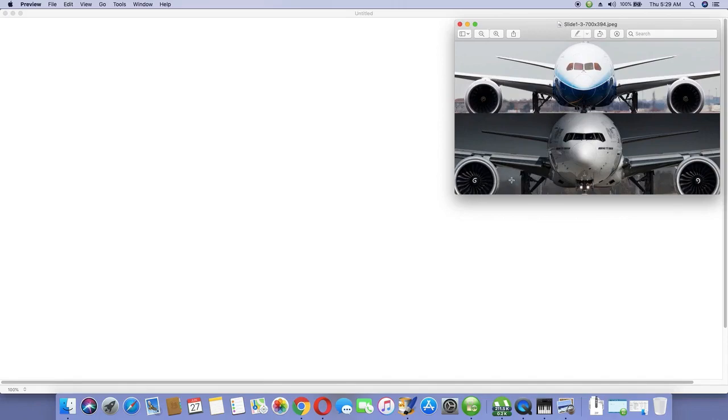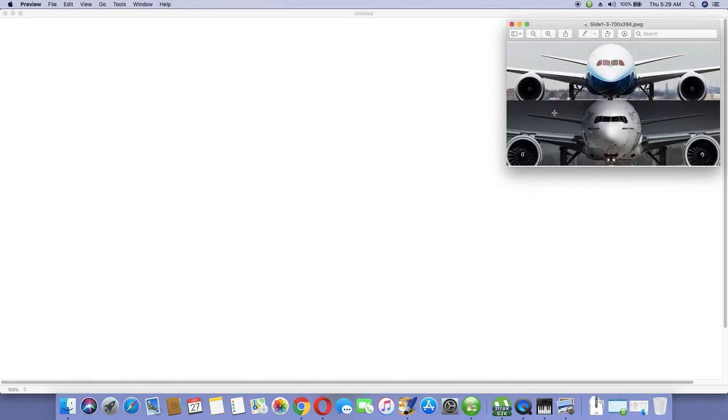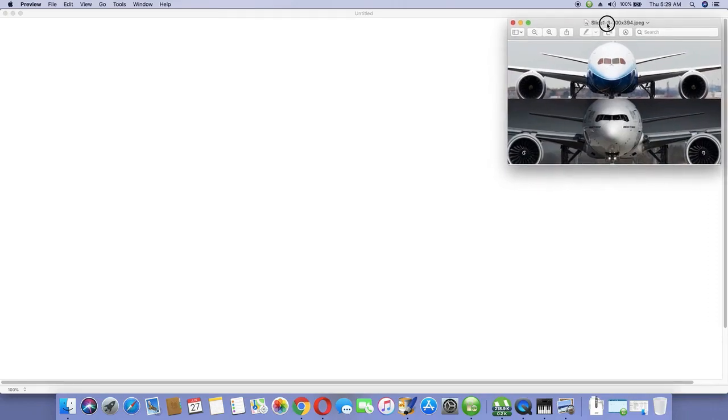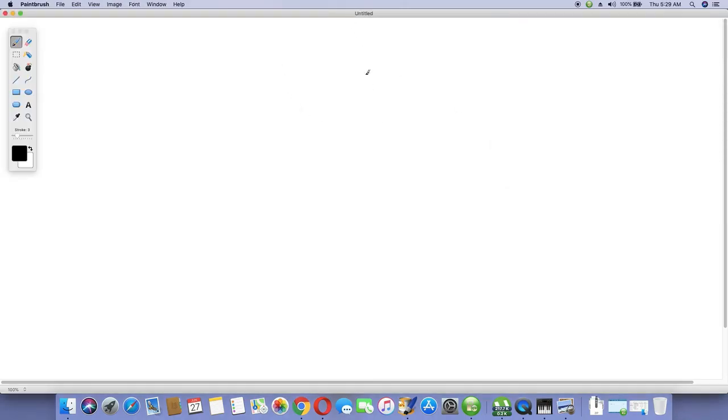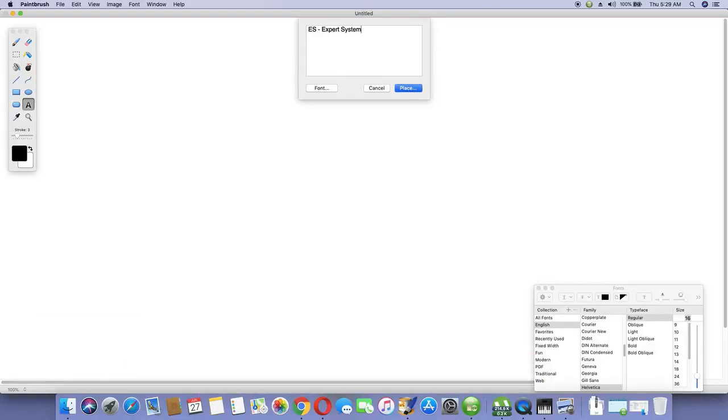Every latest model of aeroplane has an ES, but I know that you may not have a good idea about ES in such an aeroplane. So I'm going to introduce what an ES in an aeroplane is. An ES, an expert system, is just developed by AI, that is artificial intelligence.